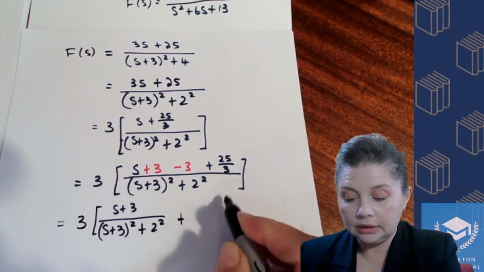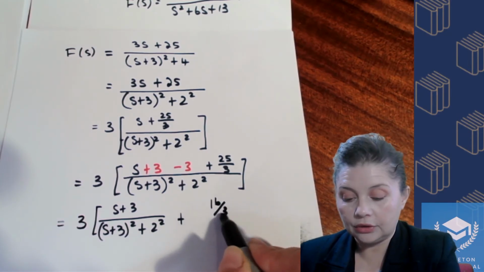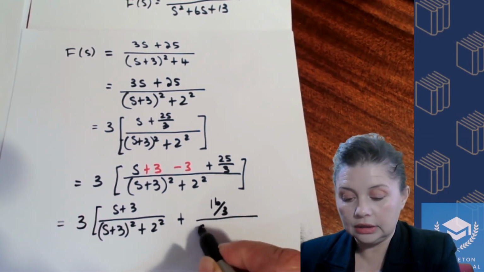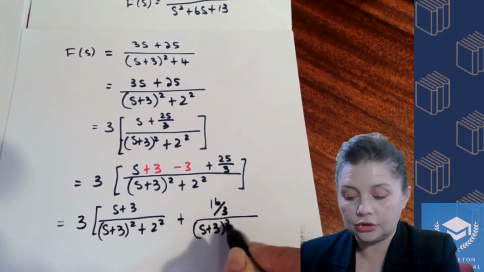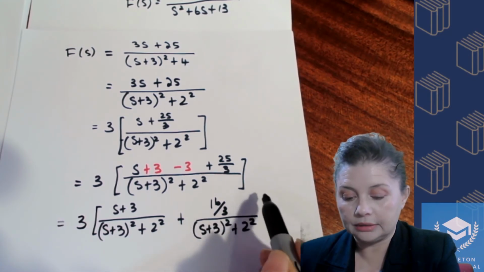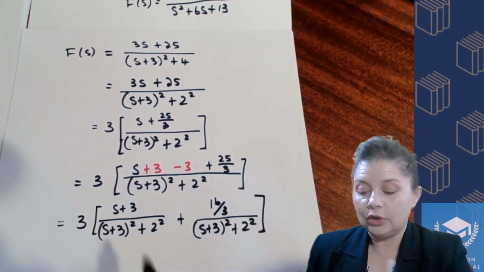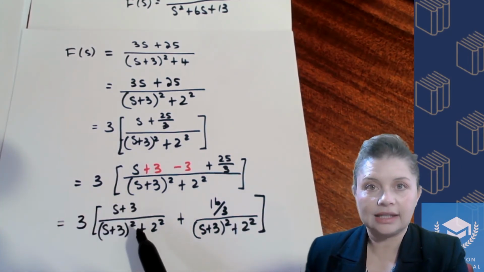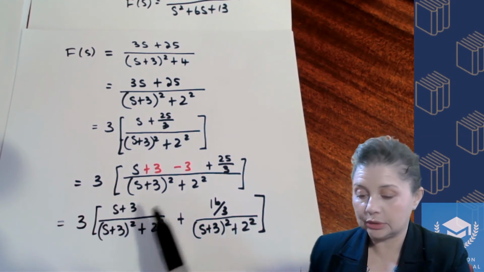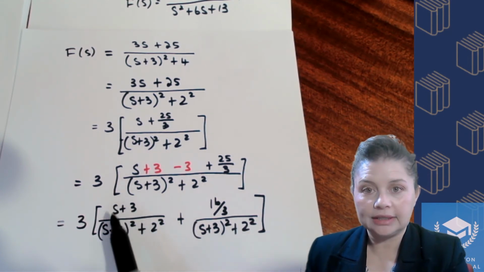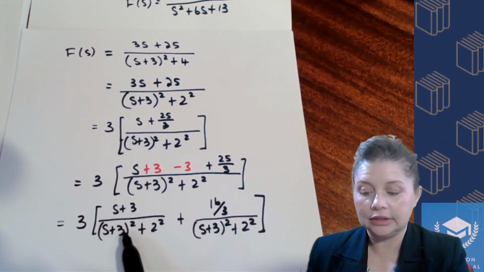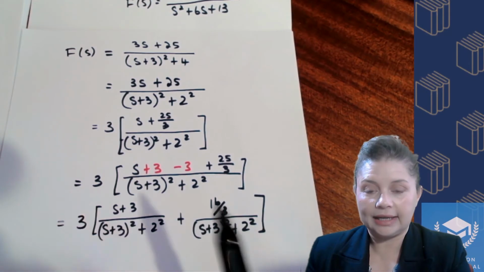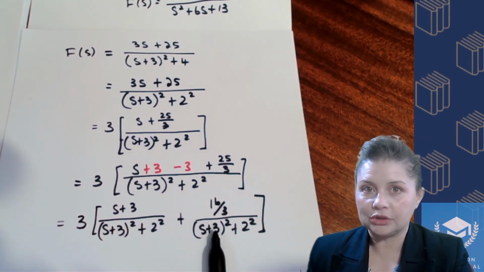Right, that's going to be 16 over 3 over (s plus 3) squared plus 2 squared. So now, if we look at the first term, that is in exactly the same form as on your table, right? Because the numerator matches the bracket in the first term of the denominator. So this one is fine. Your second one, not so much, right?